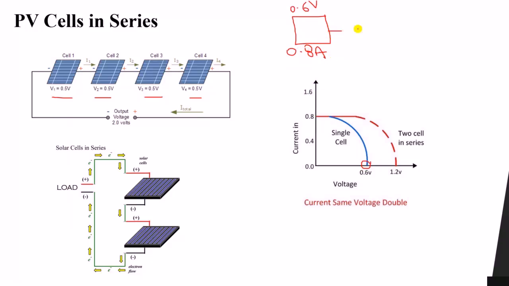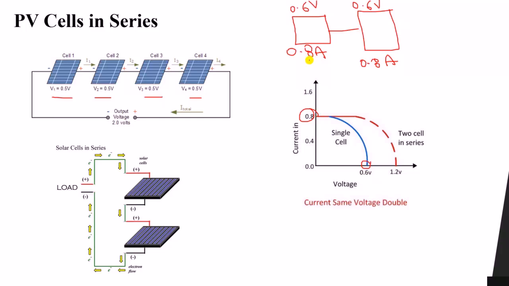Now when we connect it with another cell with 0.6 volt and 0.8 ampere, we have two cells here. You'll find that we have the same current, for a single cell and for two cells. The current is the same, but the voltage is increased.